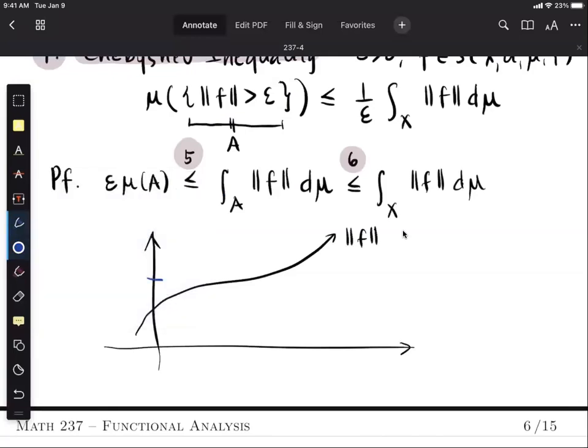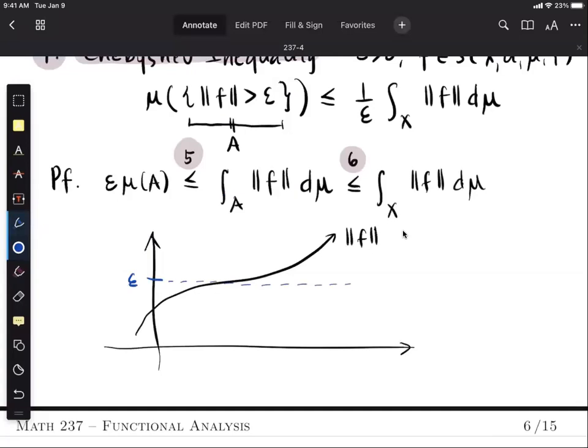By the way, this is not a simple function, so just think of it as the case of a general function first.